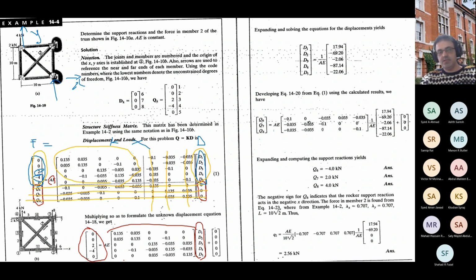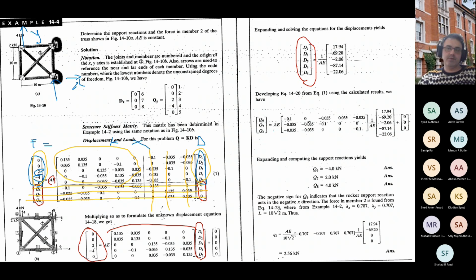It's really easy to do with Excel, just invert this and multiply it by the vector of external forces. You will come up with the delta 1, 2, 3, 4, 5, which are the deformations in different degrees of freedom 1, 2, 3, 4, 5.